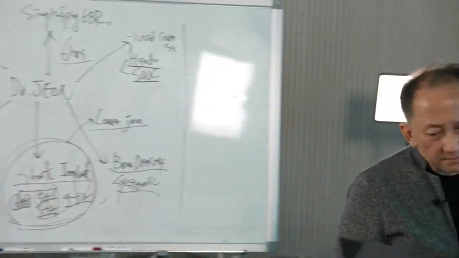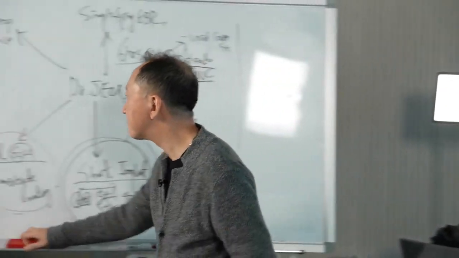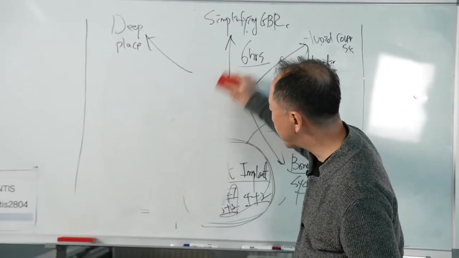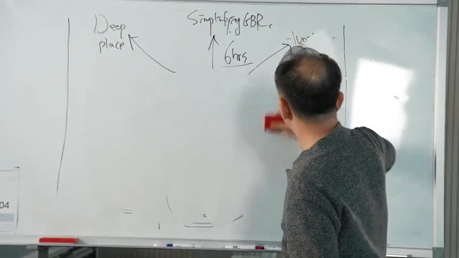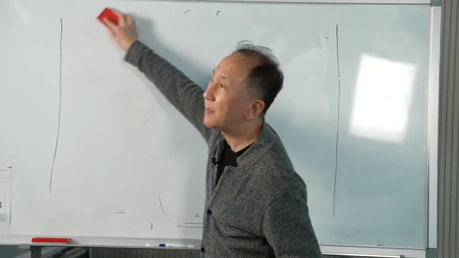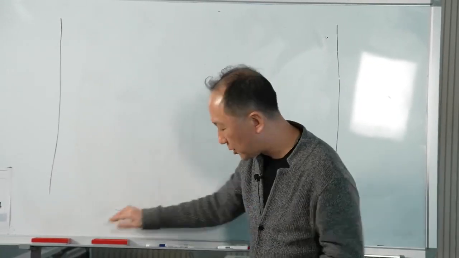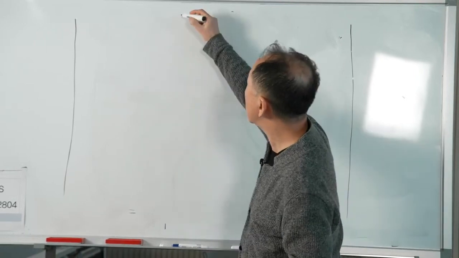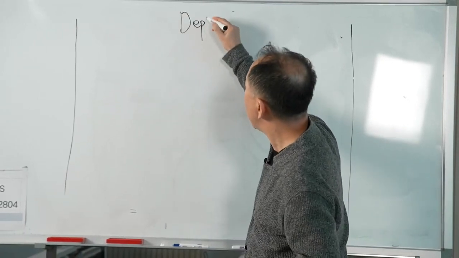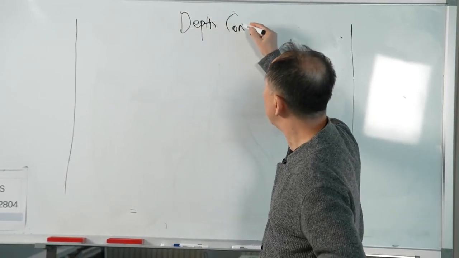Another area, subcrestal implant placement. Okay, I will summarize the depth control here, for your easy understanding. This may be the final one. I will write down the depth control here.